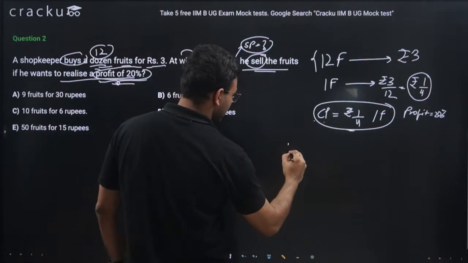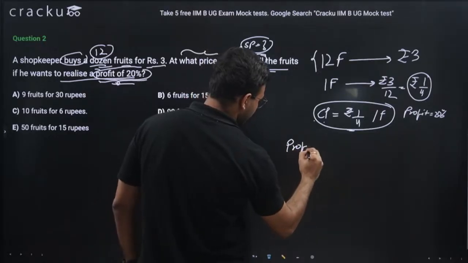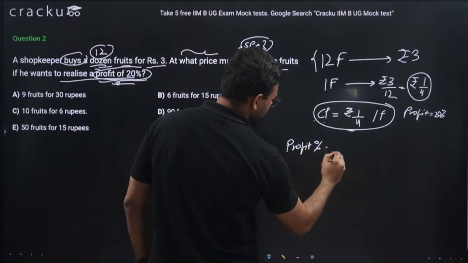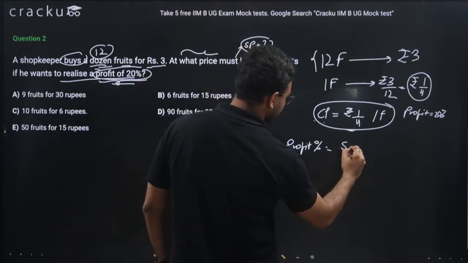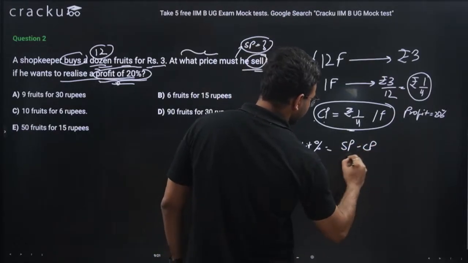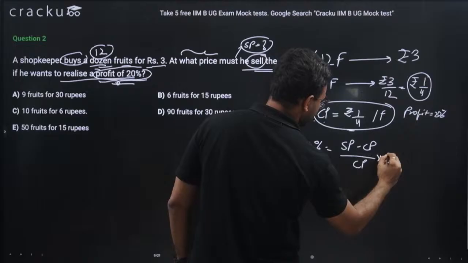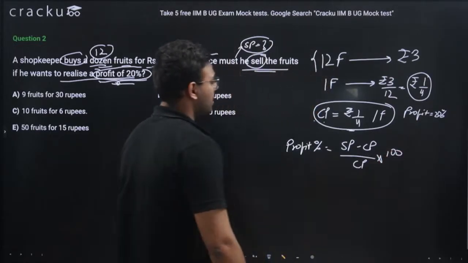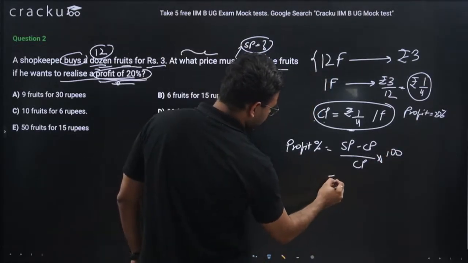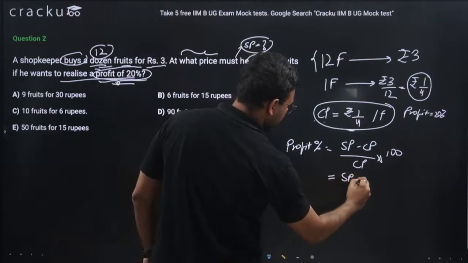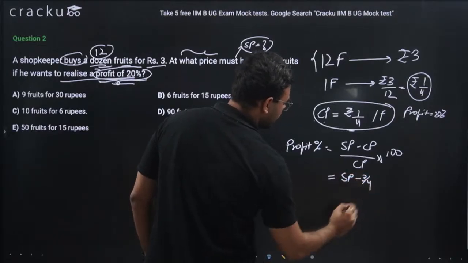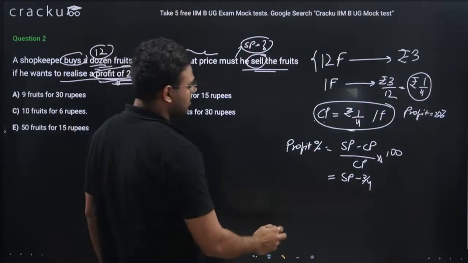So we'll apply the formula which we studied. Profit percentage is equal to selling price minus cost price, divided by cost price, into 100. Selling price is something which we have to find. So let's say this is SP. CP is 1 by 4.